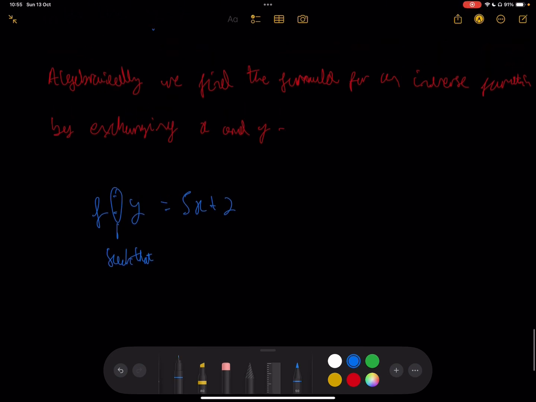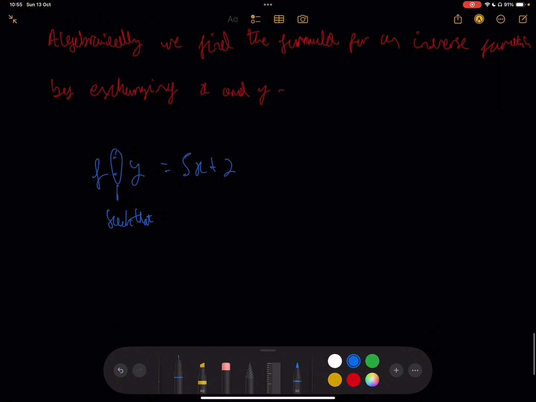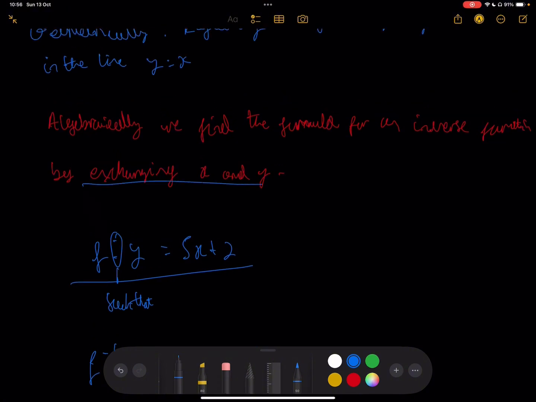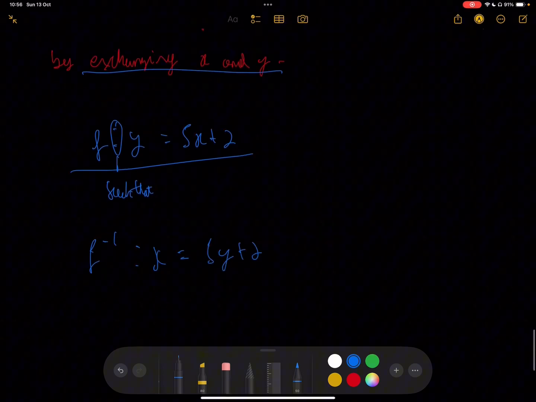And what would this become? So if we're trying to find the inverse function of this, we would write f, the inverse function of f, such that x is equal to 5y plus 2. See, exchanging x and y. This is an example of using algebraic methods, where we just exchange x and y to find the inverse function.